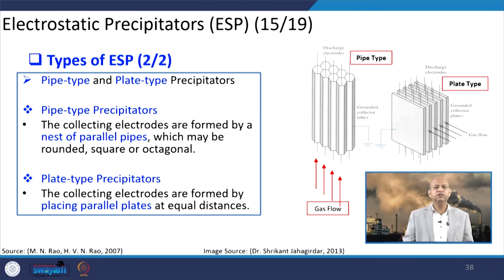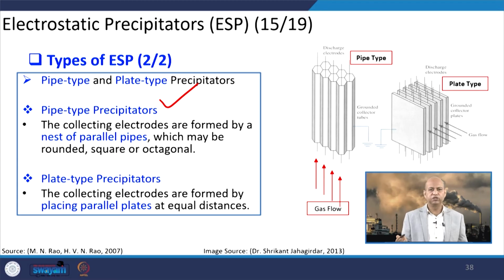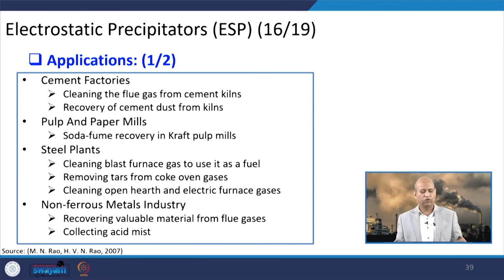The collecting electrodes are formed by a nest of parallel pipes in the pipe type precipitators, which may be round or square or octagonal in shape basically. So, there may be long pipes of different shapes. Plate types are parallel plates kept at equal distances, and accordingly the gas laden with particles is passed through those openings.